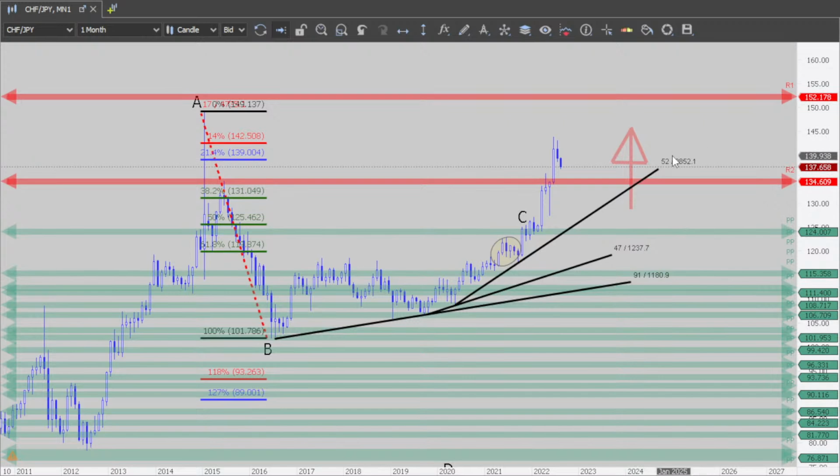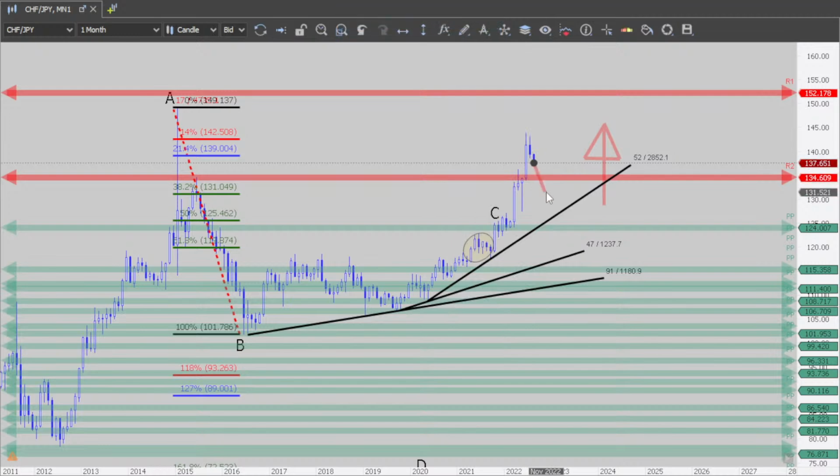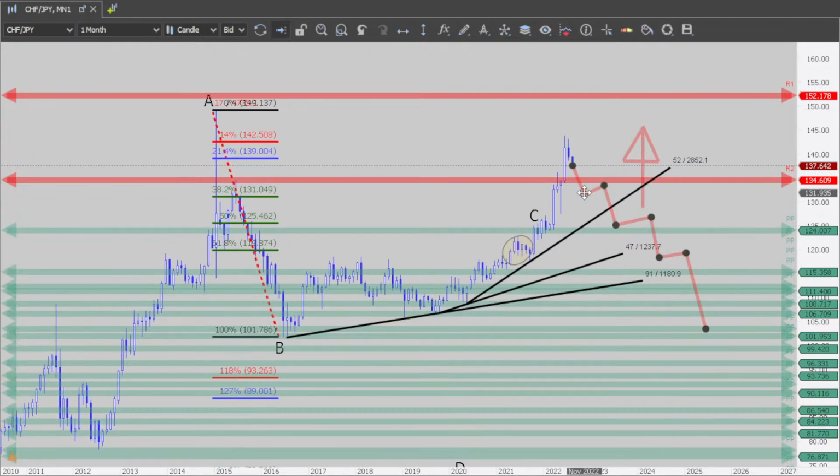But CHF-JPY, educated prediction, okay, we are predicting, no guarantees, educational wise, we are predicting this market is going to fall, technically speaking, long term, and we were shorting CHF-JPY already, we are still shorting CHF-JPY. And talking about the Fibonacci's, this is the original one, right? We have our A, we have our B, our C is up in here.